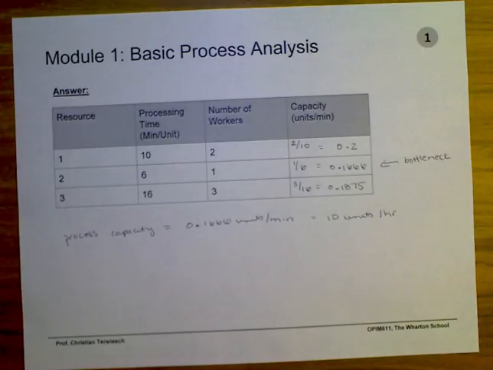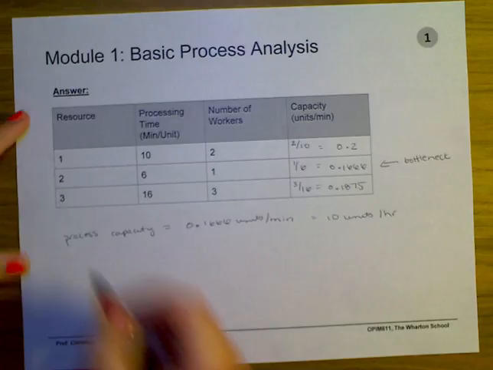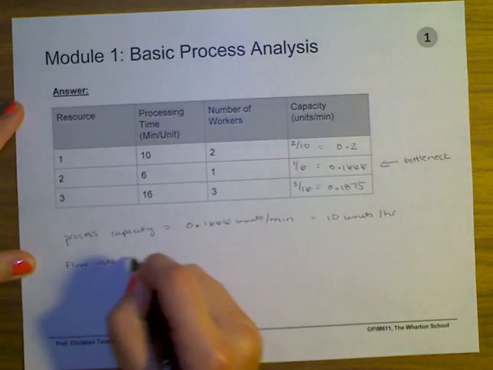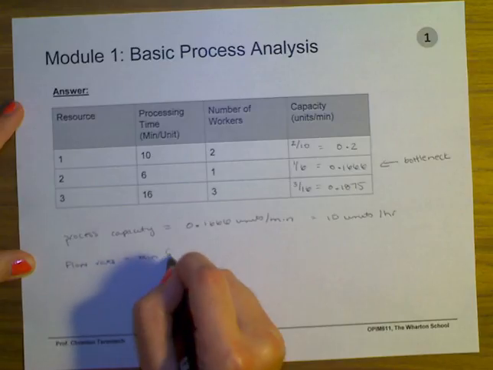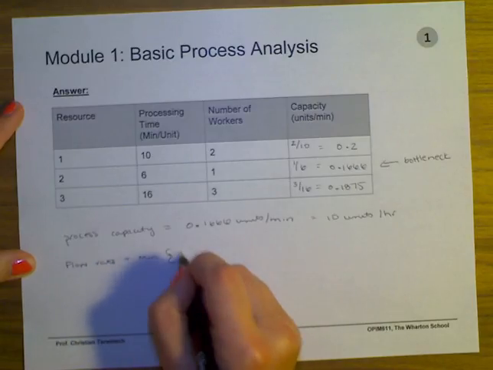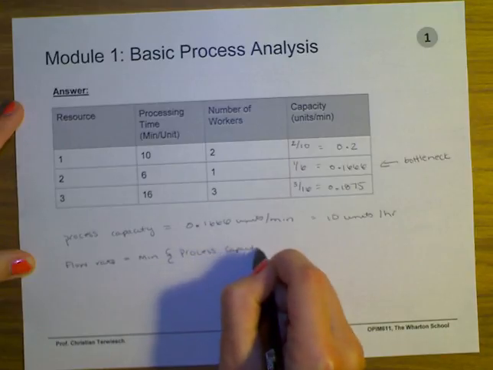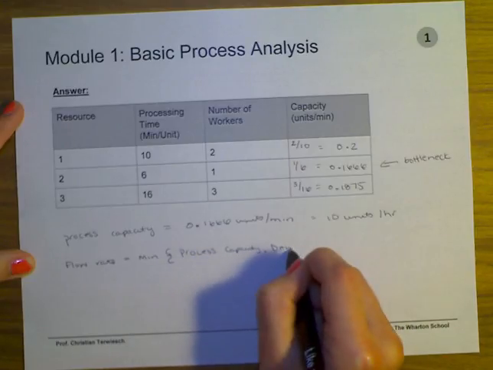The next step in the problem asks us to compute the flow rate. And flow rate is the minimum of process capacity and demand.